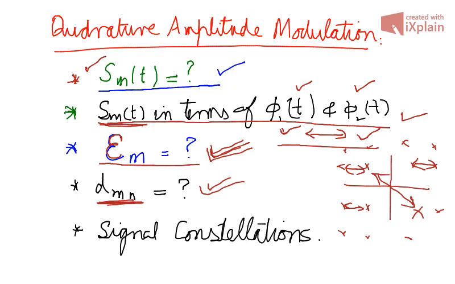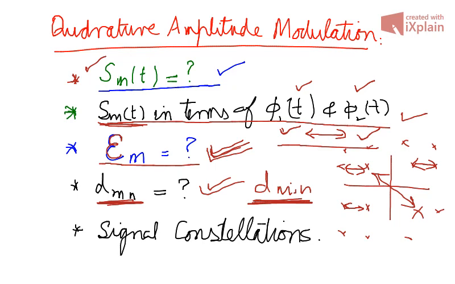Why are we interested in the minimum Euclidean distance? The reason is that the minimum Euclidean distance gives us information about the error rate, the bit error rate or the symbol error rate. We will see that the bit error rate expressions and the detection are mainly dependent on this minimum Euclidean distance.